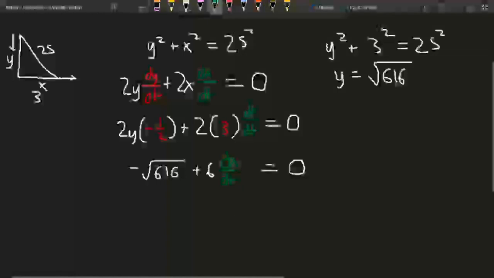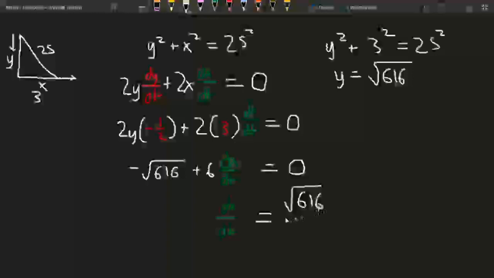So we get dx/dt is equal to root 616 over 6. And this can actually be rewritten as root 154 over 3. And now we have to find our units for this.